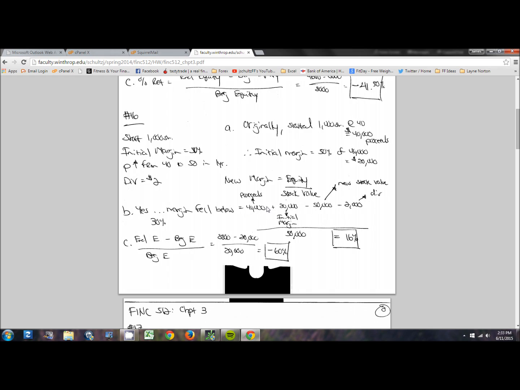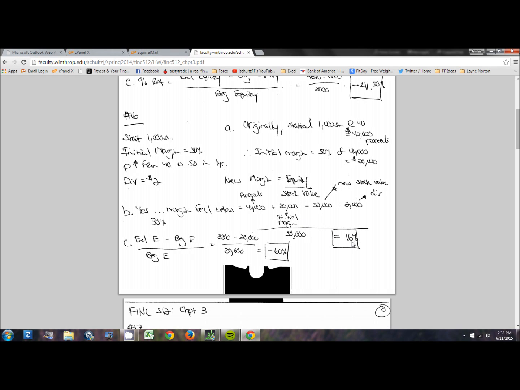So all four of these pieces work together, assets and liabilities, to give you your equity, which I believe works out to be $8,000. So your new equity in the position is $8,000 divided by the stock value, which is still the same in the margin equation: $50,000.